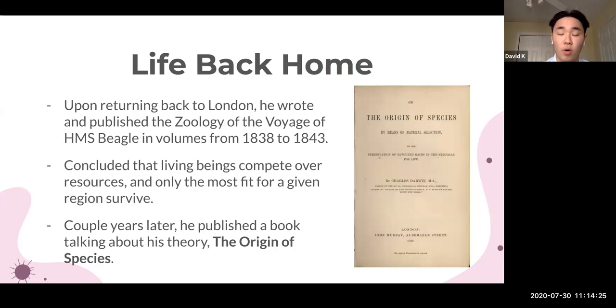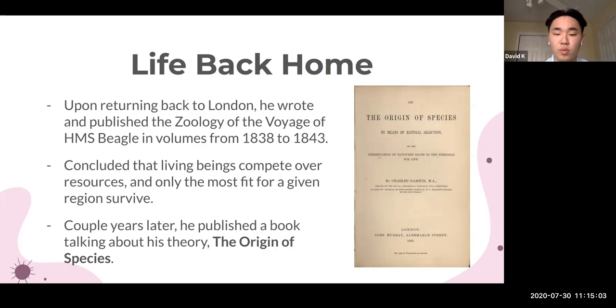After he went back home, as one student said before, he eventually wrote the book The Origin of Species, but before that, he wrote the Zoology of the Voyage of the HMS Beagle in a number of volumes from 1838 to 1843. This is basically what he saw and learned on his journey. He concluded from this experience that living beings compete over resources and only the most fit for a given region survive.